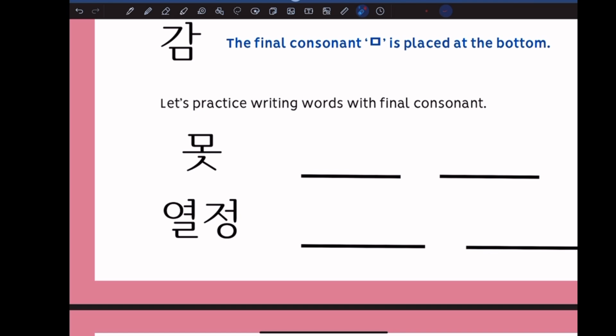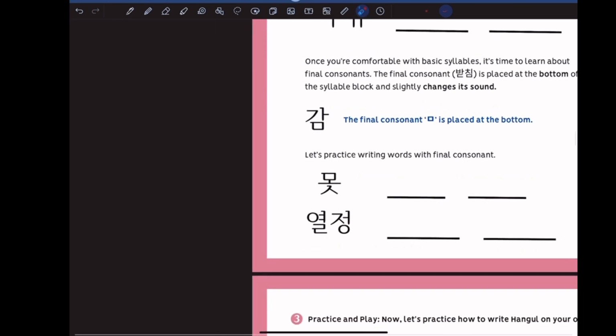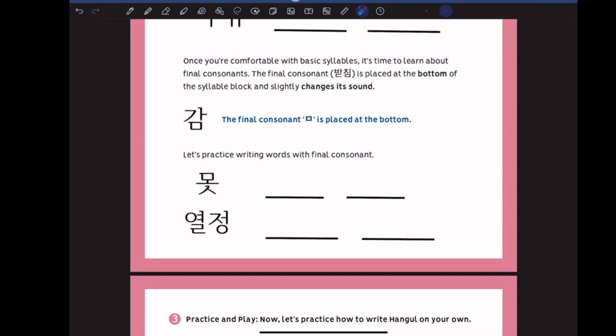This time, there's a consonant below, the final consonant, which is the ng sound. However, this time the ng sound is not going to be eliminated and it's still going to have its own sound. So it's pronounced as 저, 응. So it's going to be 정. The final pronunciation of this word will be 열정, which is passion in English. So this will be the end for this video.